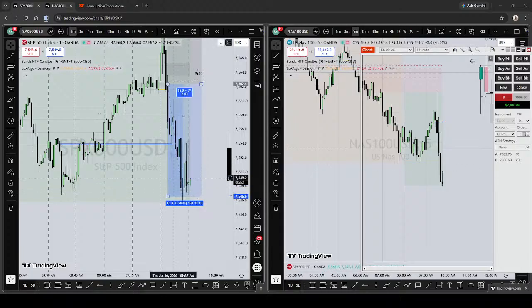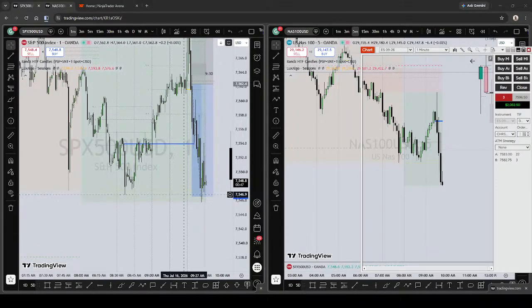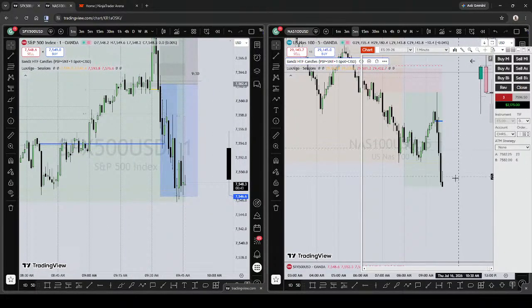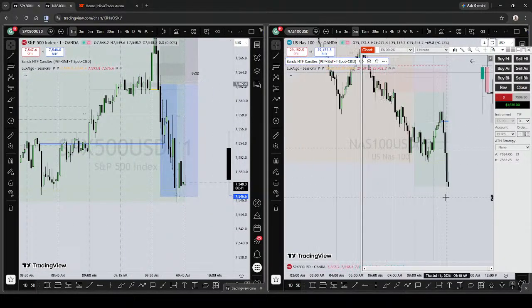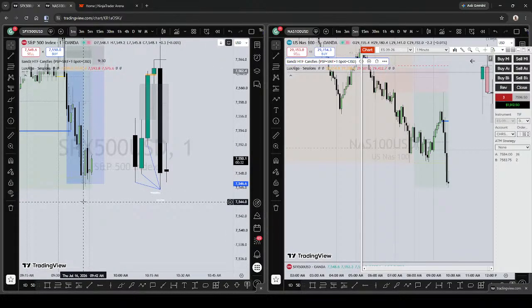So I see that we continue to reject London low on ES, right? This is the second time we're rejecting. Nasdaq continues to fall, which is my main concern, that ES is forming a reversal there.